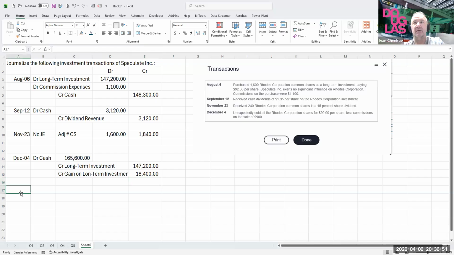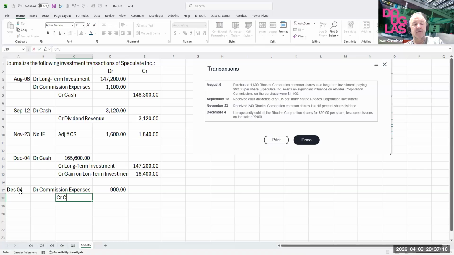Let's pay this commission, debit. That will be still December 04. Debit commission expense with 900, and let's pay it cash, credit cash.